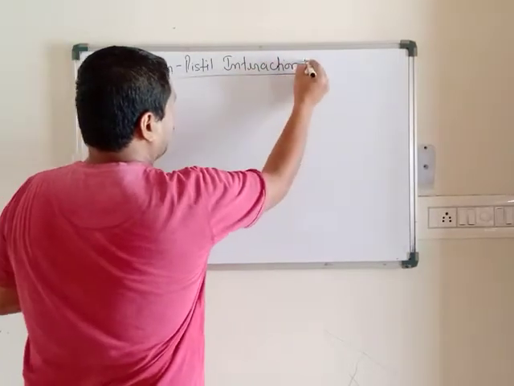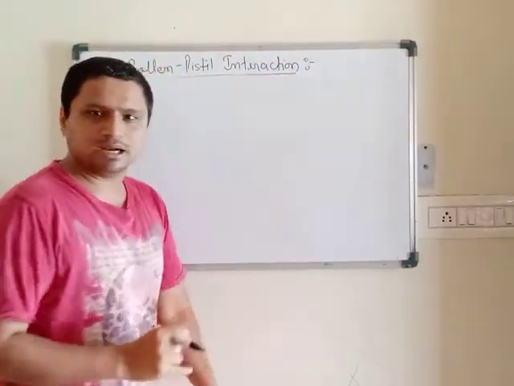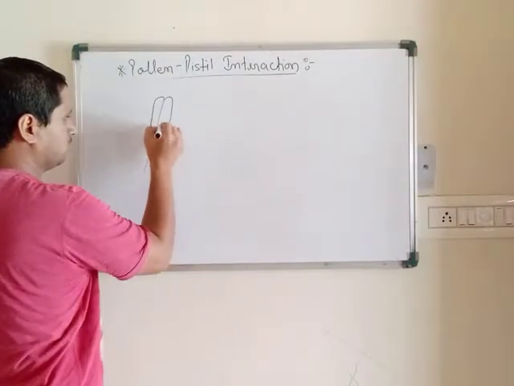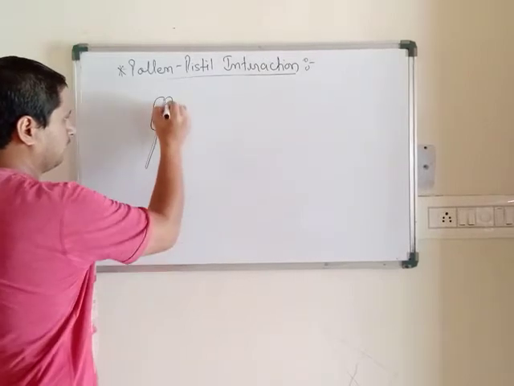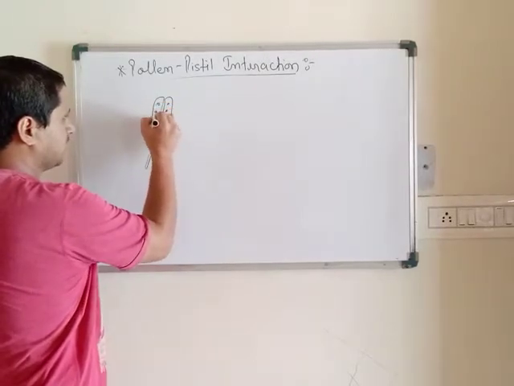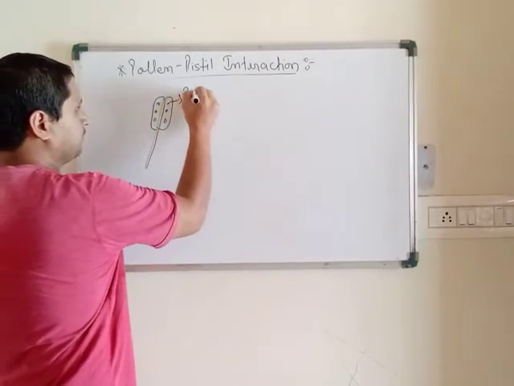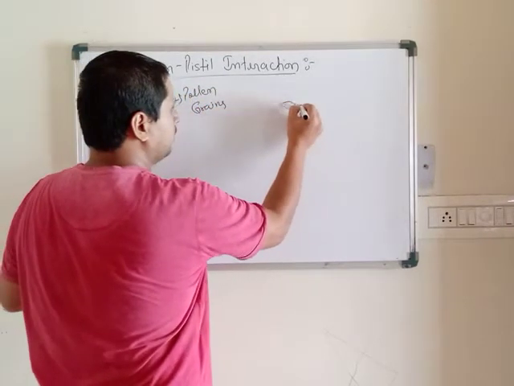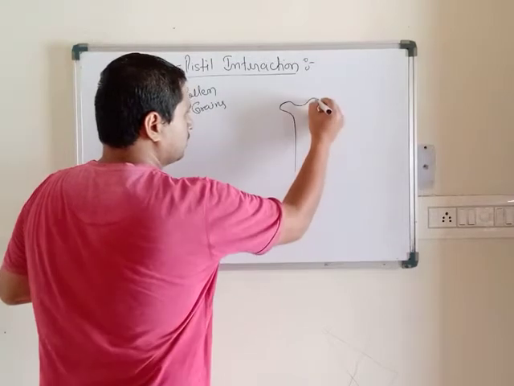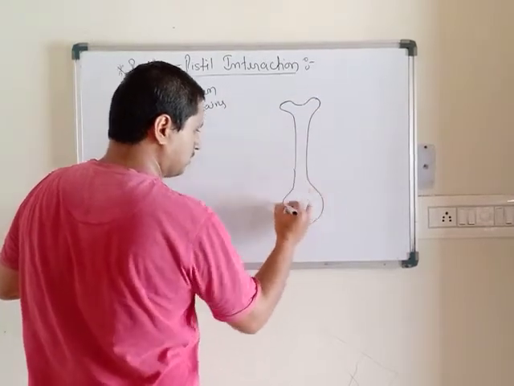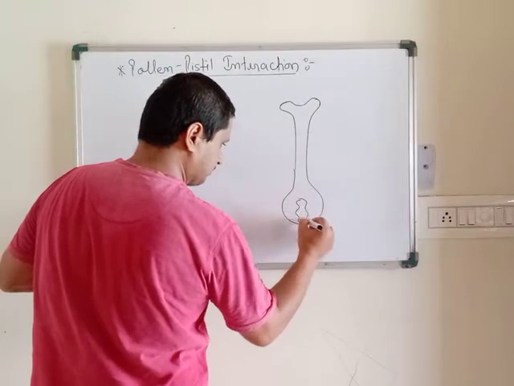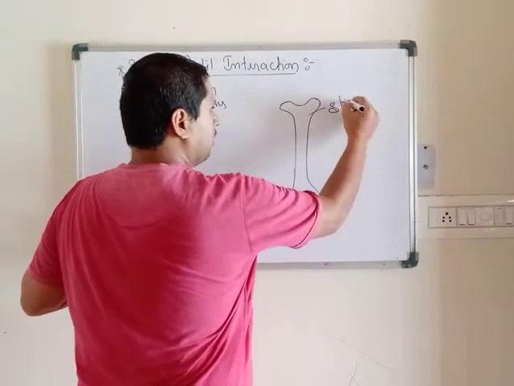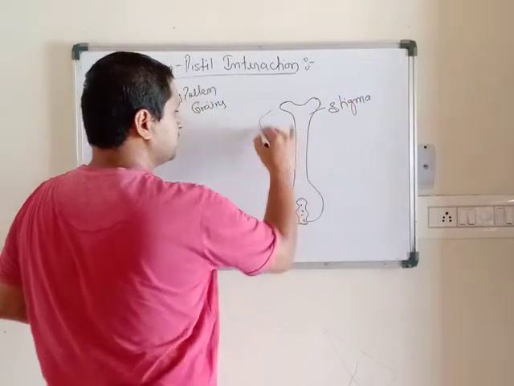Now normally, the phenomenon that occurs in plants is that the anthers produce pollen grains. These pollen grains are transferred to the stigma of the pistil.